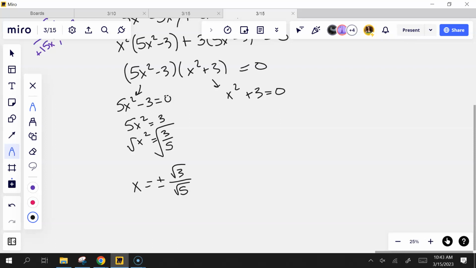So what I'm going to do is multiply the top and the bottom by what's in the bottom. Y'all remember doing this? And so I have x equals plus or minus the square root of 15 over 5. There's 2 answers.